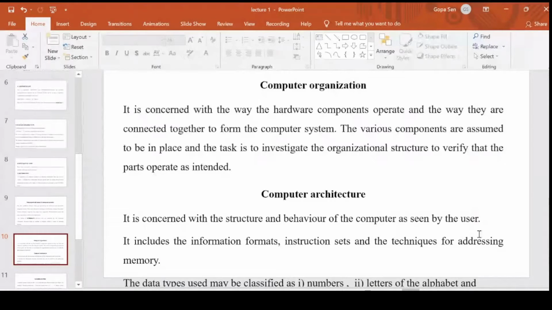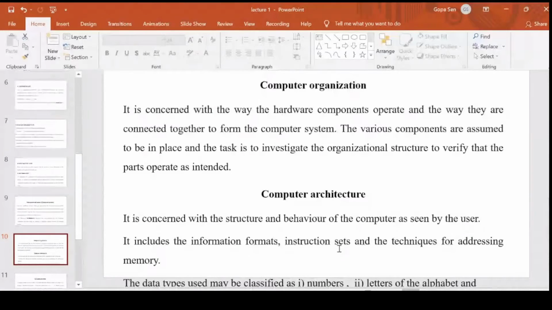How does the user see the machine? The user will not see what hardware it has; that is considered by organization. The designer specifies that this machine has this hardware, and so it can do this work. So architecture is concerned with the structure and behavior of the computer as seen by the user. Basically architecture includes the information formats, instruction sets.